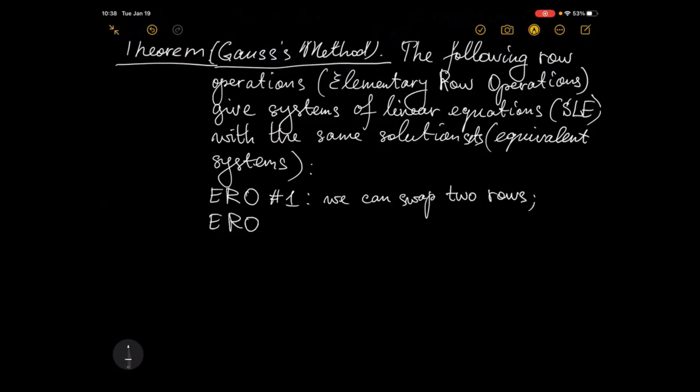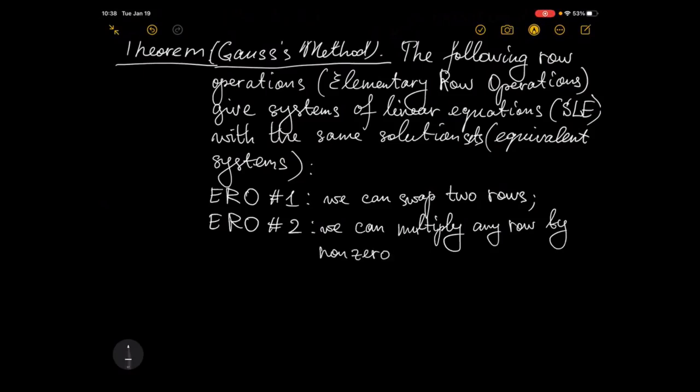Elementary row operation number 2. We can multiply any row of the system by non-zero scalar number.